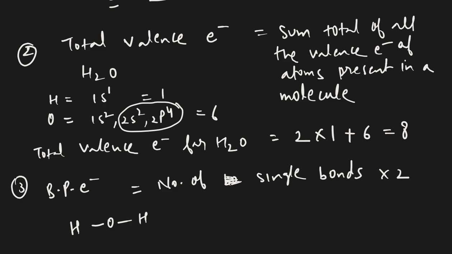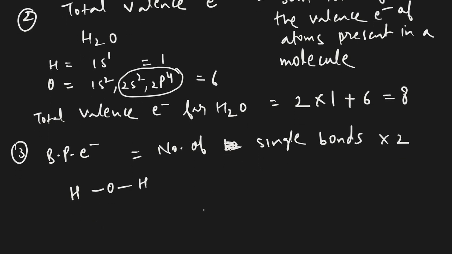Water actually has a bent structure, but here we are just talking about the Lewis structure, so I'm drawing it totally based on the number of atoms present there. Oxygen is bonded to 2 hydrogens. So how many bonds are there? 1, 2. So the number of bond electrons would be 2 single bonds multiplied by 2. So total bond pair electrons are 4.